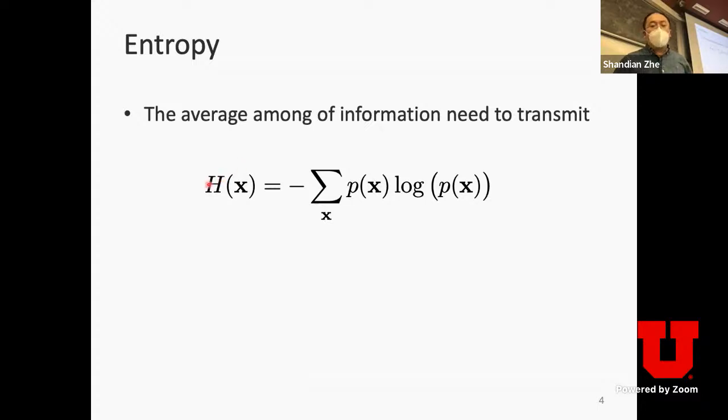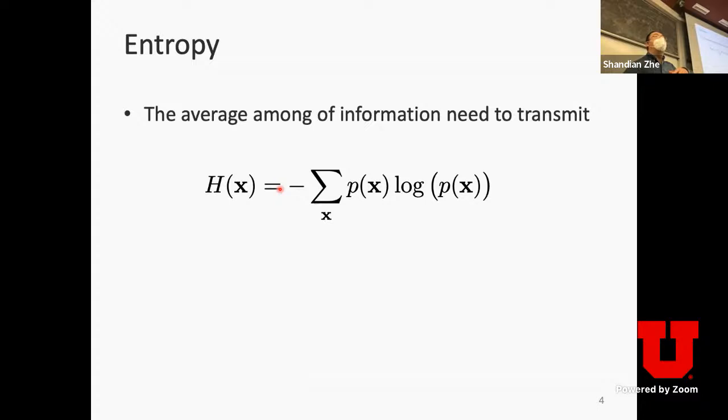Okay? So, in coding theory, this is a measurement which tells us the average amount of information needed to transmit a random variable X. Yeah, I believe everyone has heard of this definition before, right? The entropy. How many of you have never heard of this?